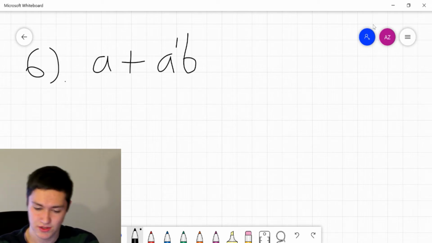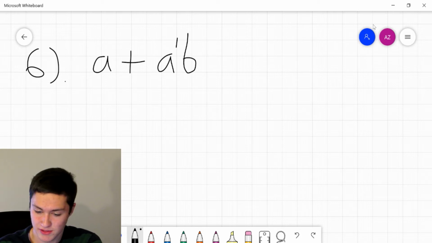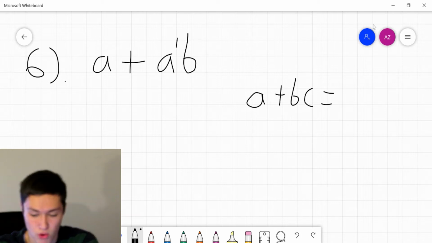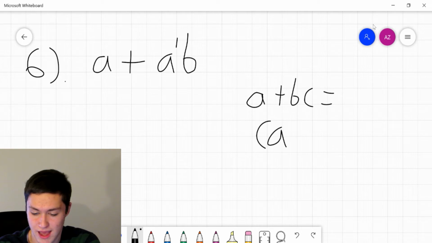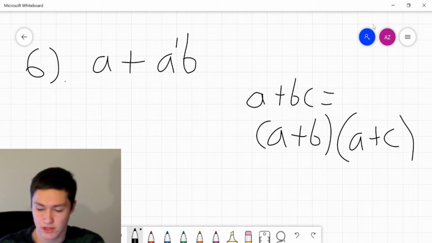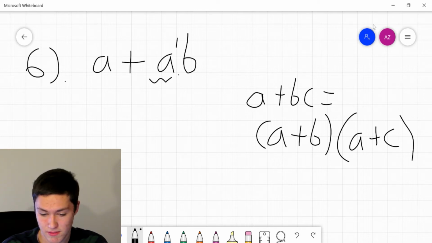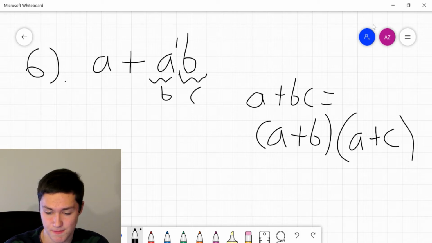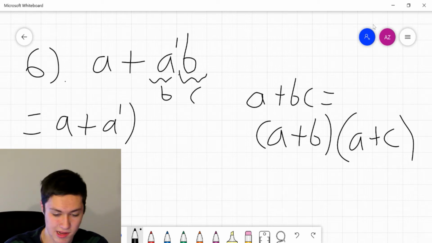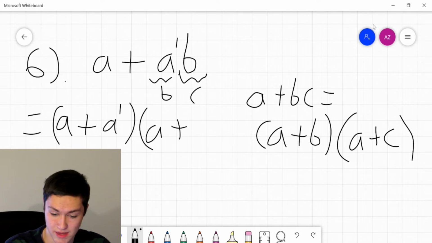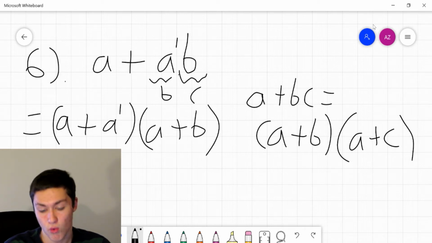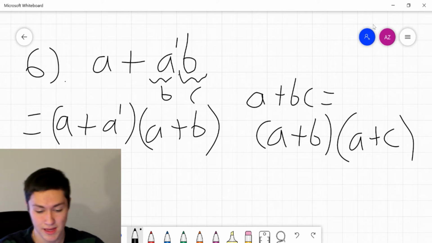Problem number 6. So in order to do this, we have to make use of the identity A or BC is going to be equal to A or B and A or C. So applying this rule to here, what is going to be A not is going to be our A, B is going to be our B, and C is going to be our C. So this is just going to be equal to A or A not and A or B. So A or A not is one of the identities we saw in the beginning.